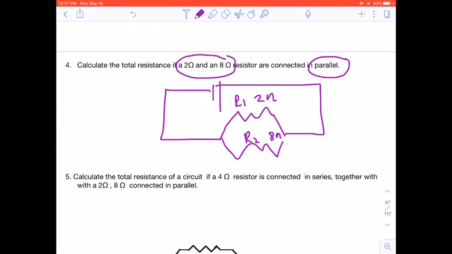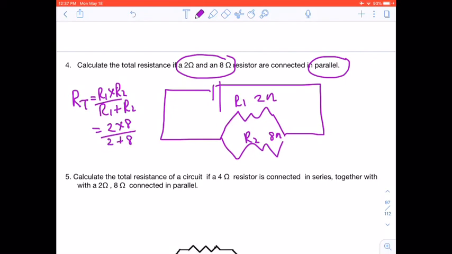Okay, so R total in this case would be R1 times R2 over R1 plus R2, right? Which means 2 times 8 upon 2 plus 8.